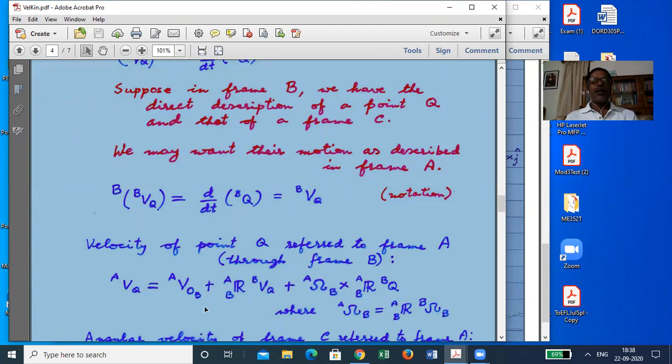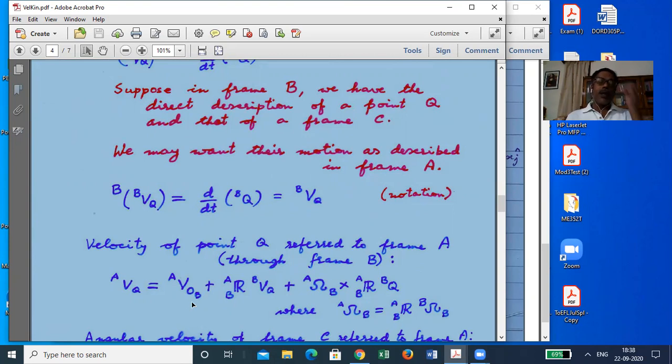One is the motion that is known in frame B in its basis, that has to be converted, and the motion has to be now in frame A, means relative velocity of frame B with respect to frame A also has to be incorporated.